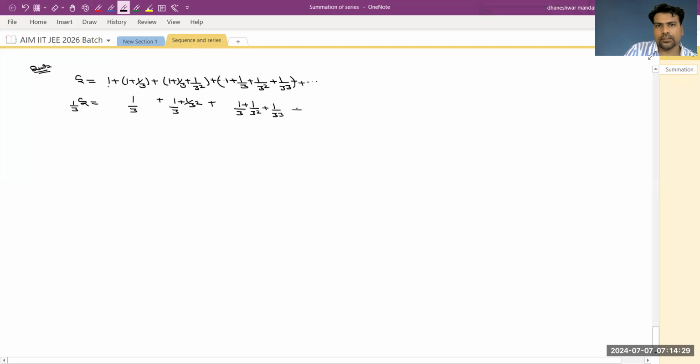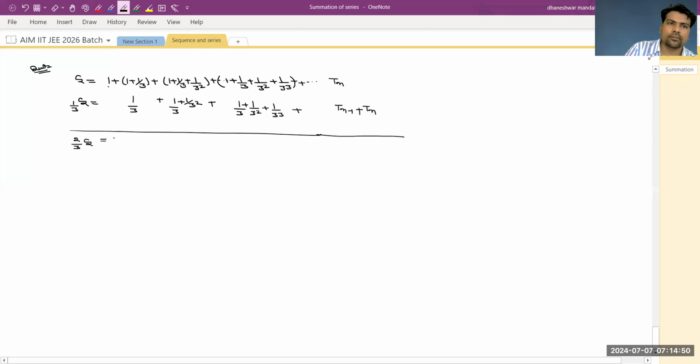And just subtract these two terms. So if I want to calculate the sum up to T of n term, then take T of n here. Here we have T n minus 1, and again here we have T of n, in plus sign. So if I subtract these two terms, then 2 by 3 s is there, 1 is there, and 1 by 3 and 1 by 3 square are cancelled, then 1 is there.